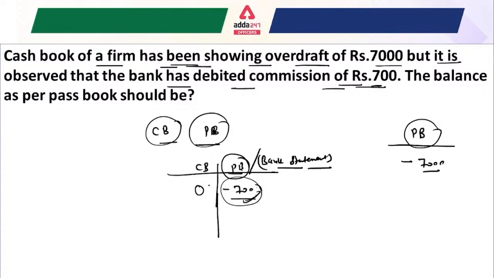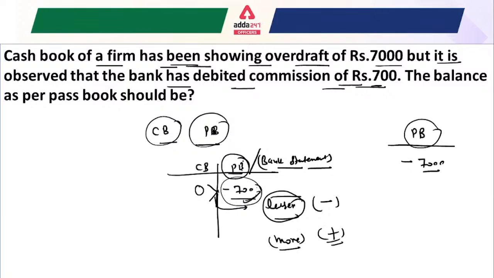The passbook balance is lesser than the cash book. If it is lesser, we use the negative figure, and if it is more, then we use positive.